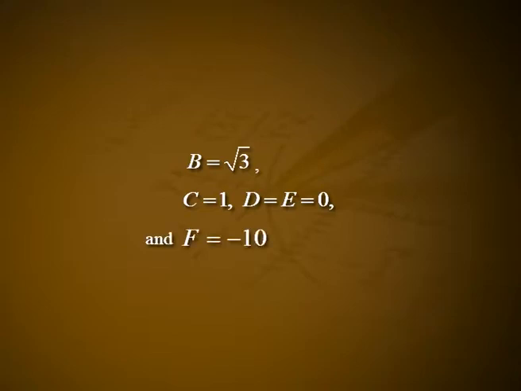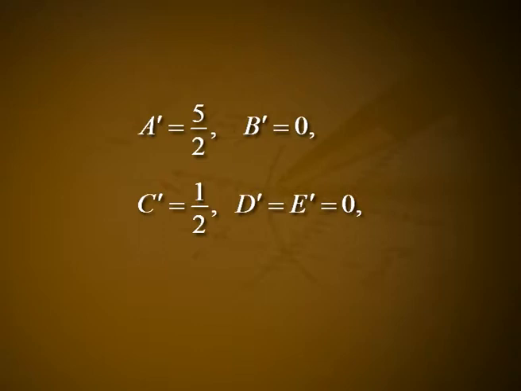Substituting alpha is equal to pi by 6, a is equal to 2, b is equal to root 3, c is equal to 1, d is equal to e is equal to 0 and f is equal to minus 10 into equations 11 to 16 gives a dash is equal to 5 by 2, b dash is equal to 0, c dash is equal to 1 by 2, d dash is equal to e dash is equal to 0, f dash is equal to minus 10.